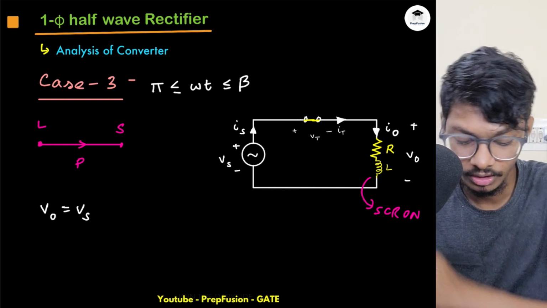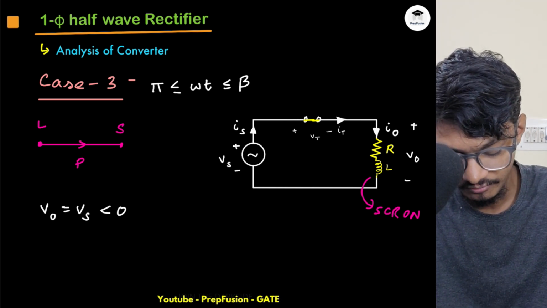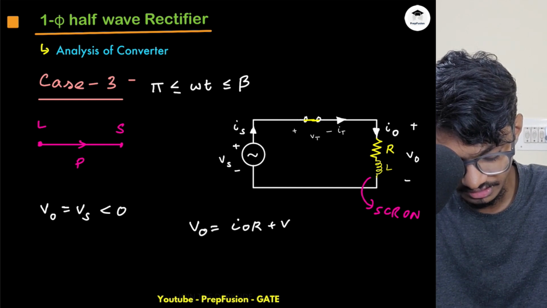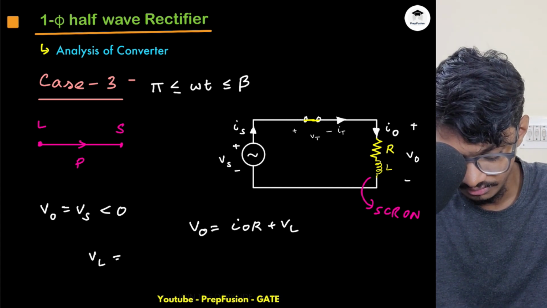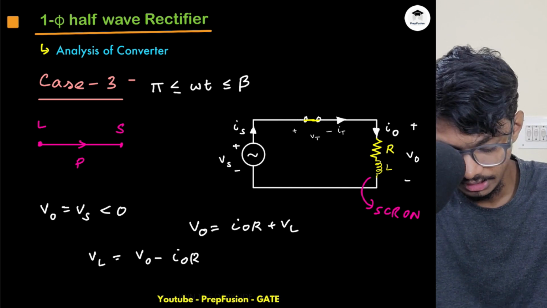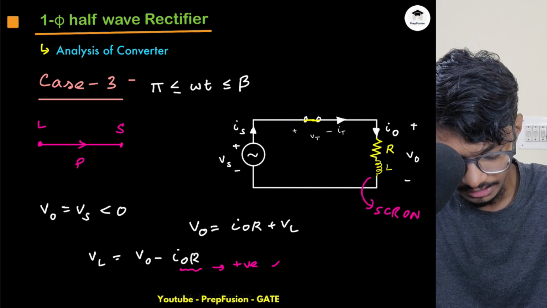If you want to answer this, my VO is equal to VS and less than 0. And what is VO equal to? VO equals IO into R plus VL. You can understand from here as well. And VL is VO minus IO into R. This is positive and high?